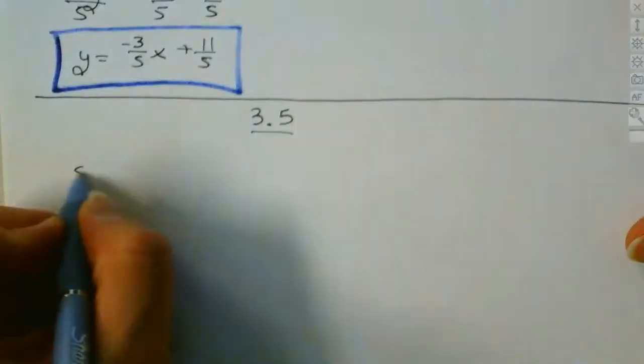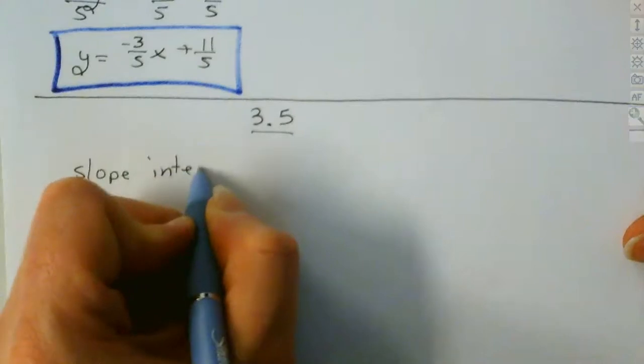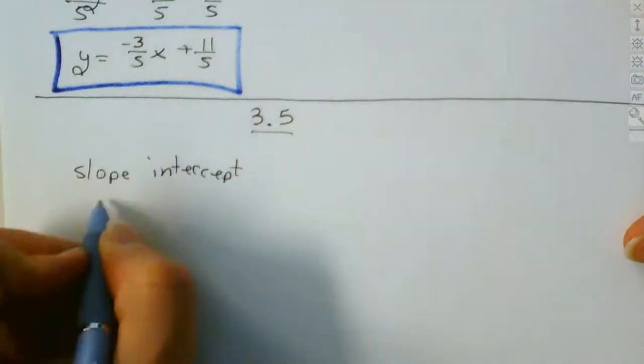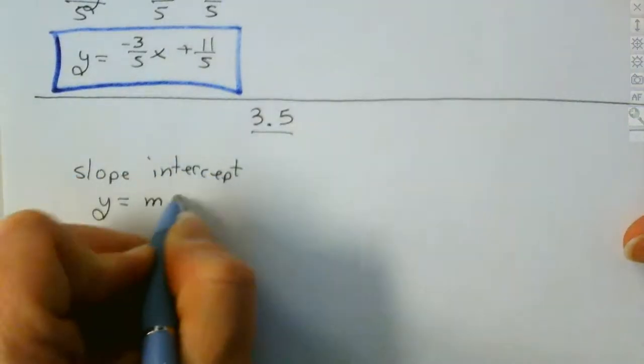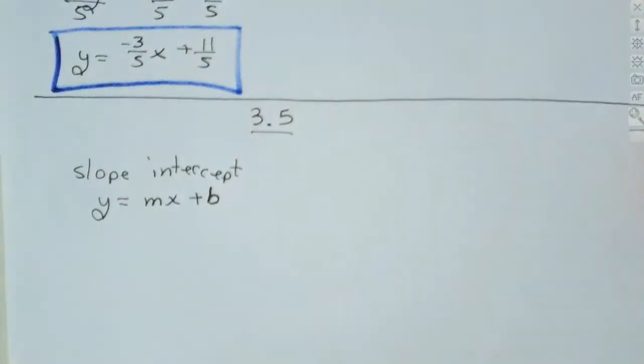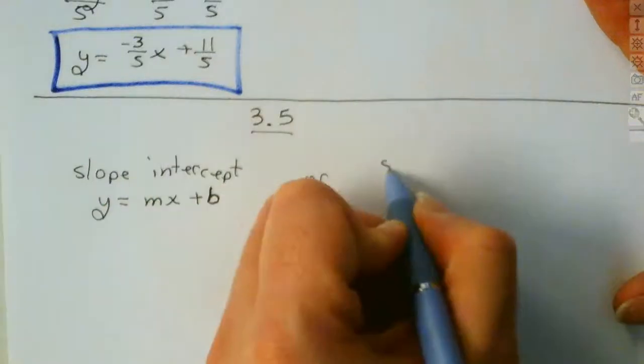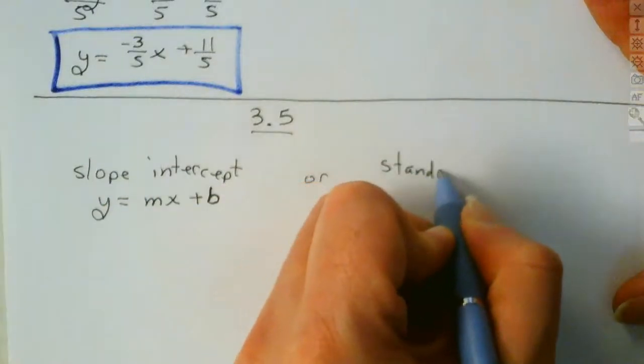There is slope-intercept form, which is what we're familiar with. And that's just solving it for y, and that's y equals mx plus b. Okay? So this is one way that you can write your answer. Another way that you can write the answer is what's called standard form.